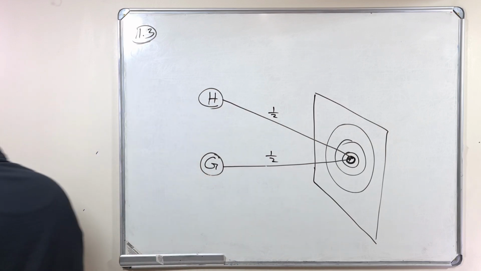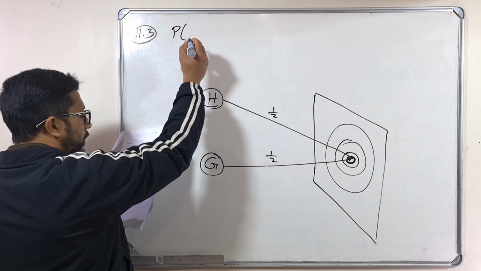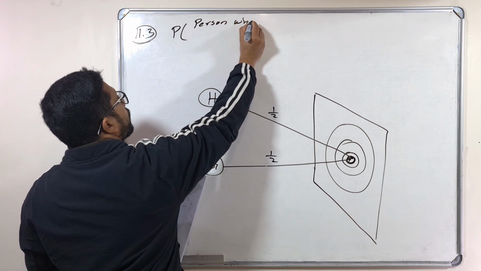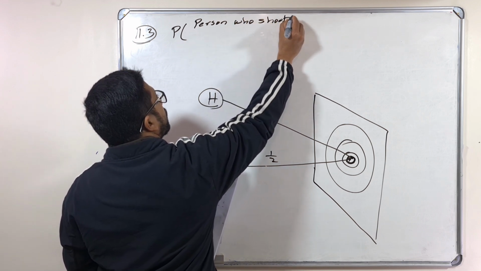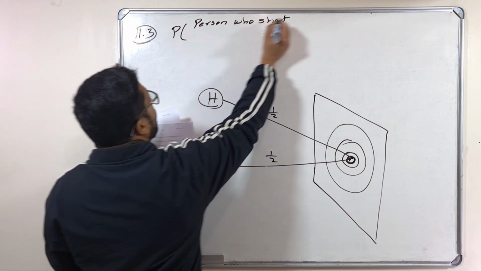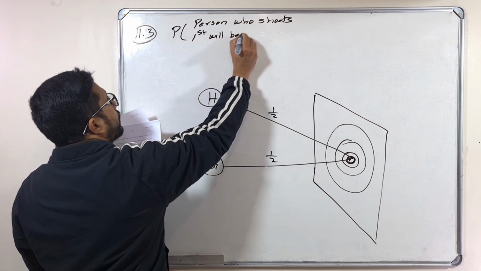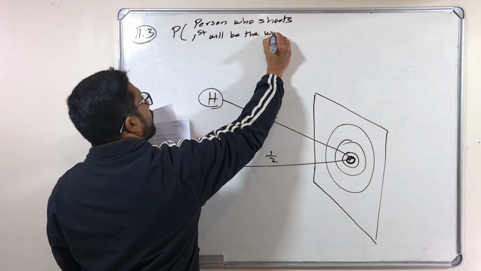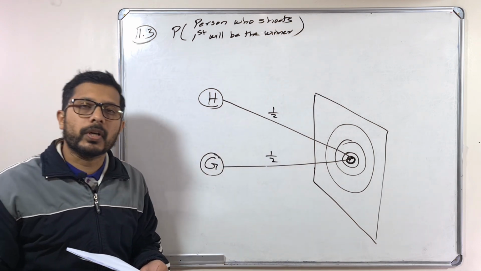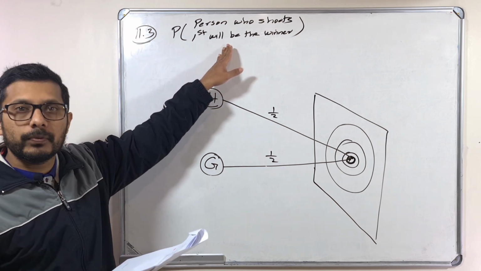So you have to find the probability that the person who shoots first will be the winner.